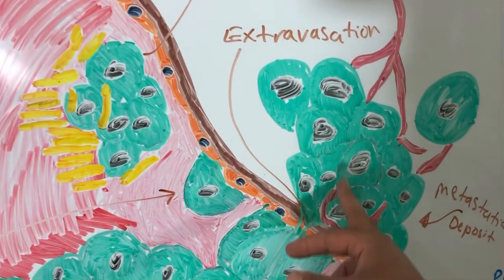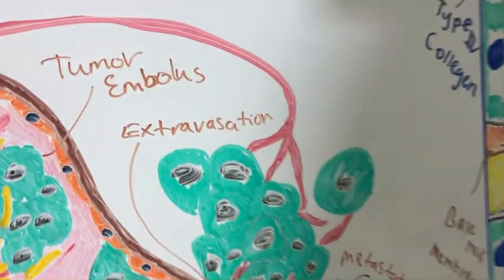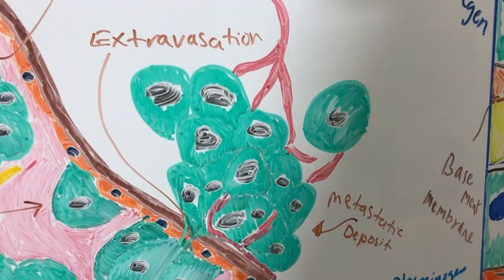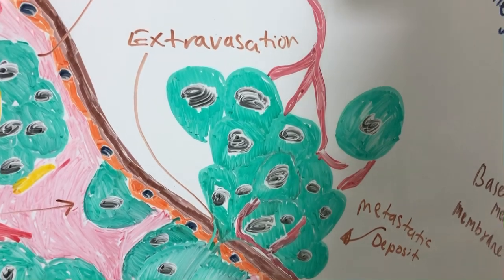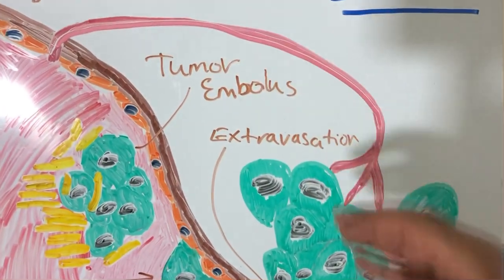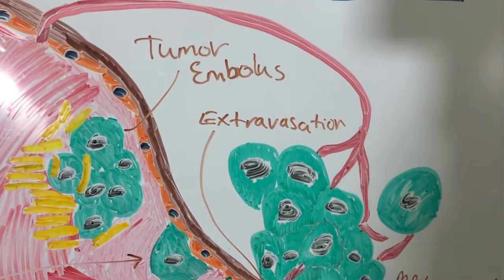And when they make their way out, you will have a metastatic deposit. That metastatic deposit will start releasing growth factors that will recruit blood vessels and encourage angiogenesis.